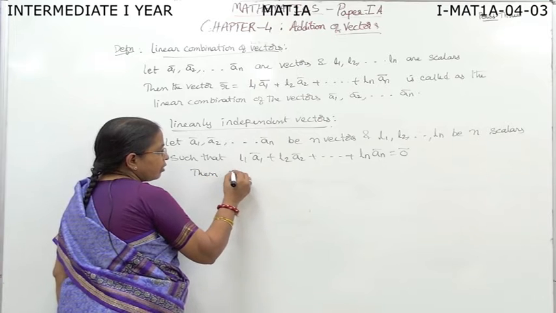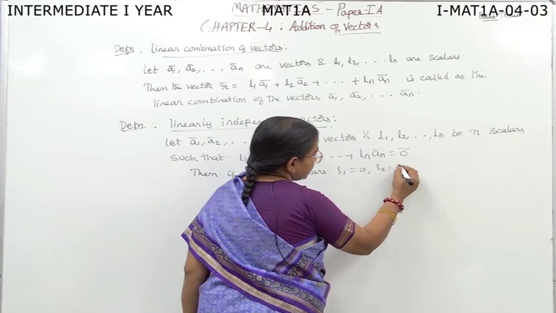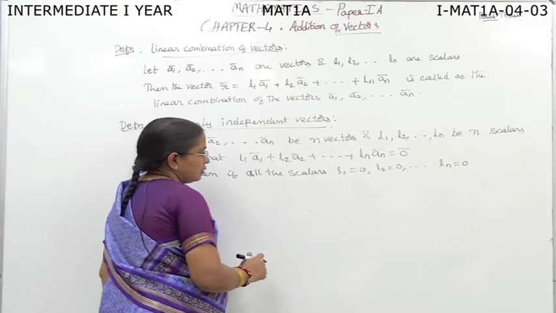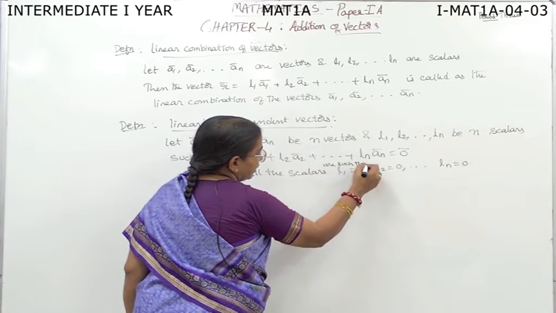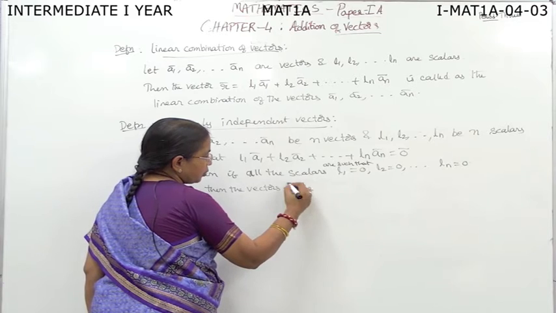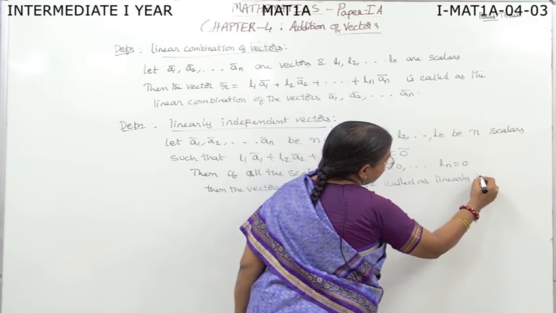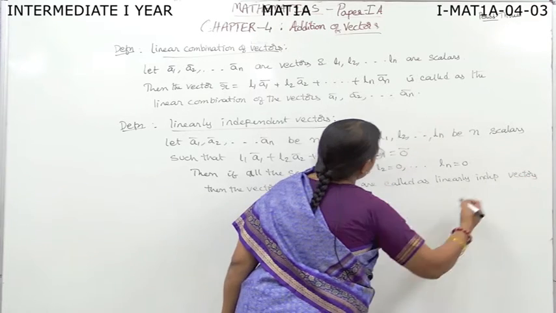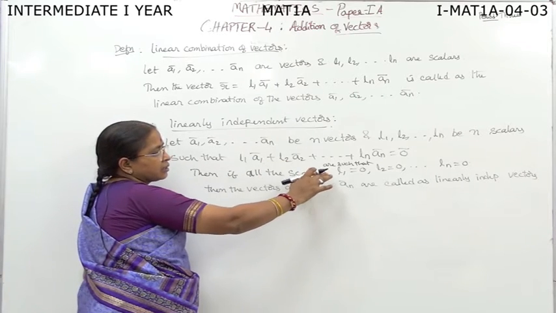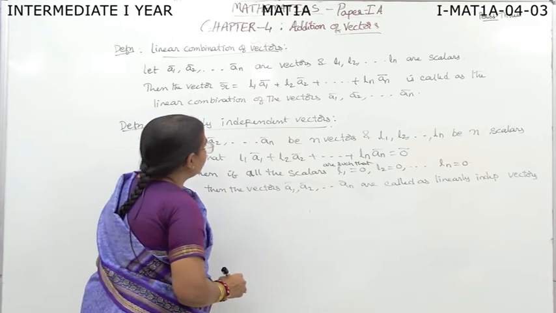Then if all the scalars are 0, that is l1 is 0, l2 is 0, so on ln is 0, then the vectors a1, a2, so on, an are called linearly independent vectors. So if you have a relation like this equal to 0, and all the scalars are such that each of them is 0, then the vectors are called linearly independent vectors.